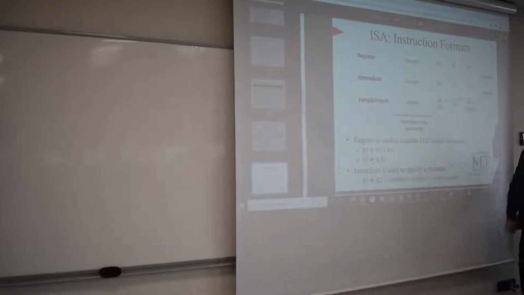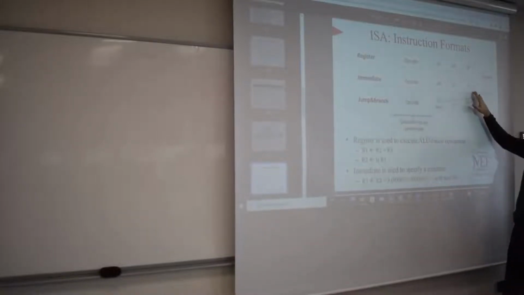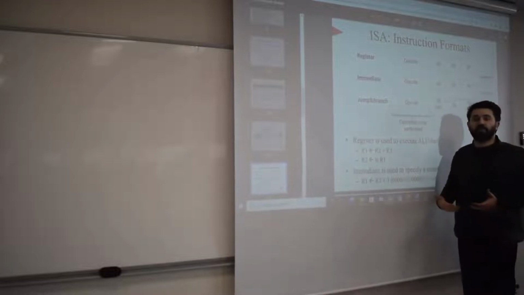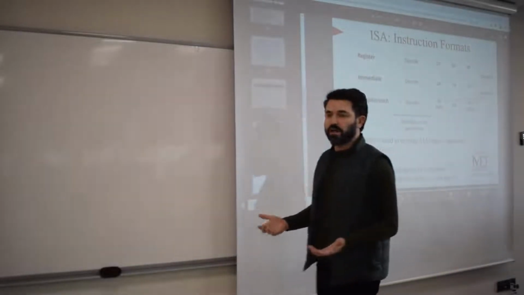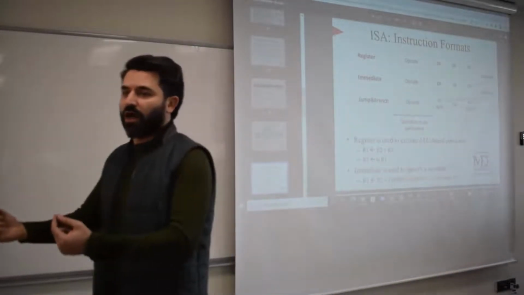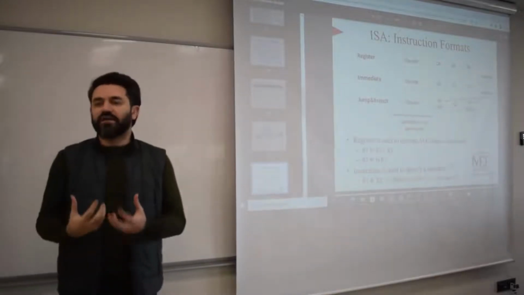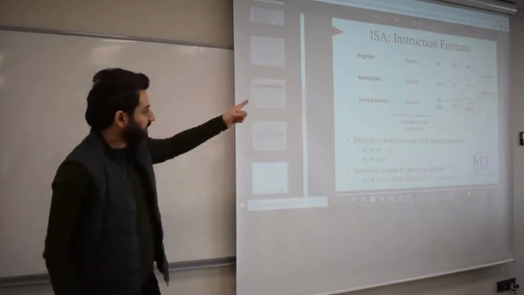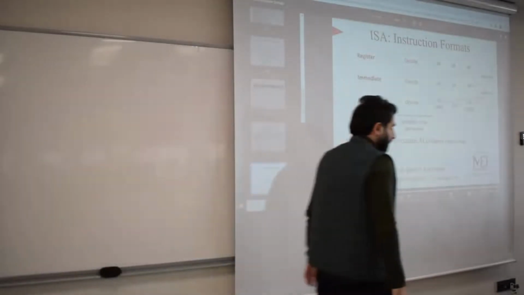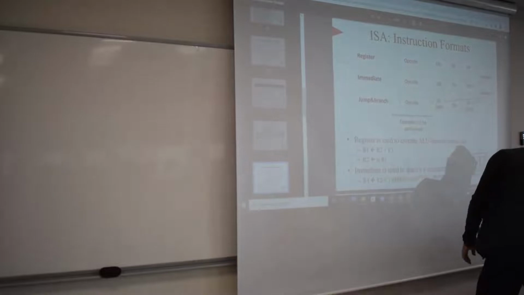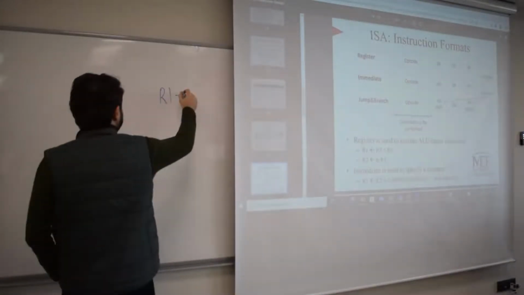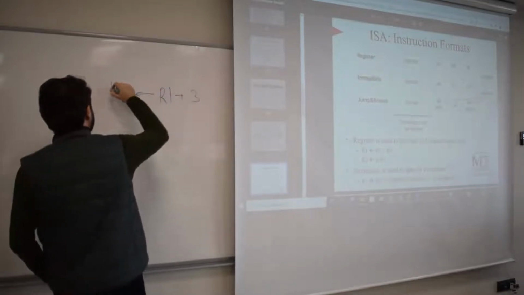Okay? Immediate is very similar. You can see the format is actually the same, but we interpret the last 3 bits to be the operand because, for example, we would like to add a constant, like a 3, to a register content. Therefore, you have to give that constant number to the computer. If you would like to add a specific number, like 3, for example, then R1 plus 3 goes to R1.